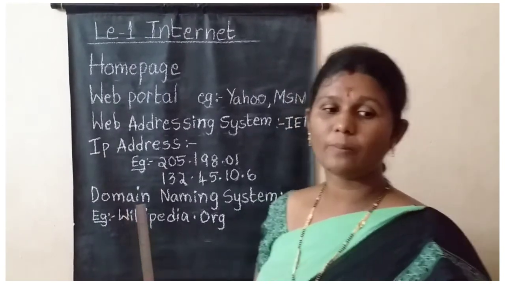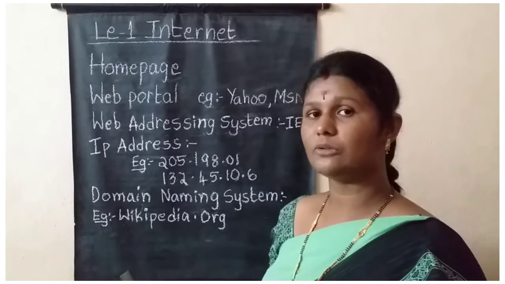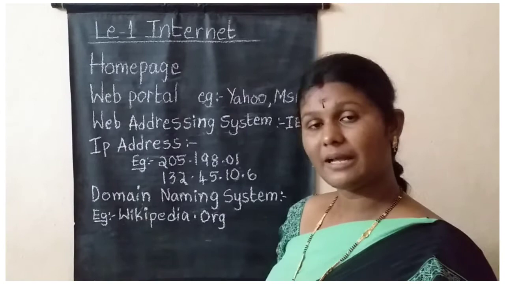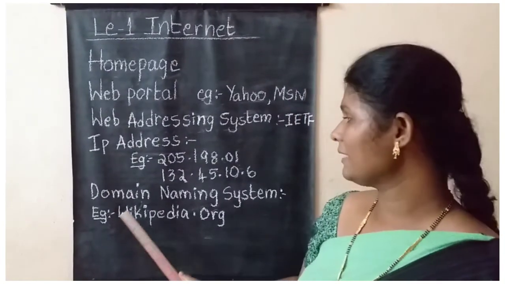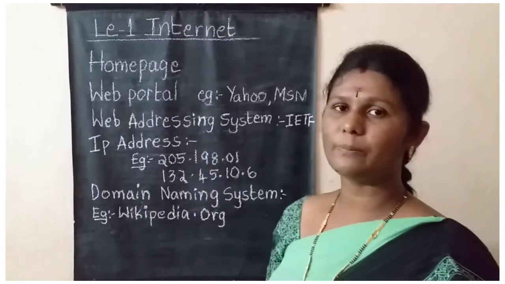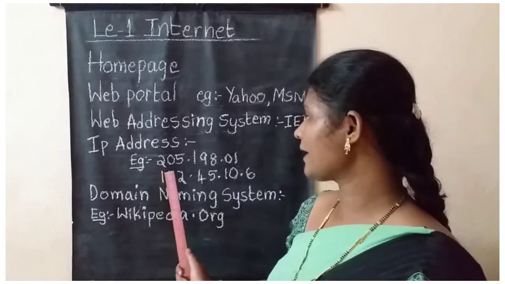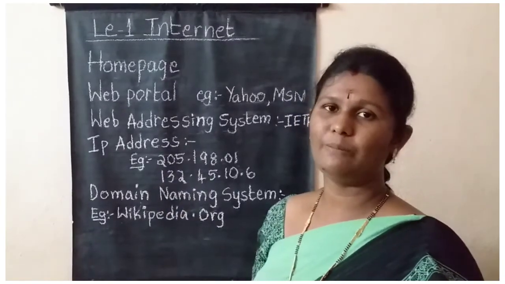It contains a unique name address. We can directly type a domain name into the toolbar or text bar of the web browser, and we will open that website. Domain names are easier to remember than IP addresses. Why? Because if we interchange the numbers, we won't get the same website.